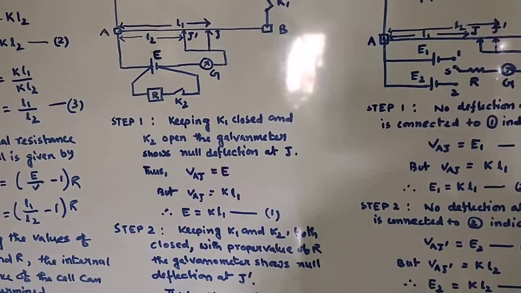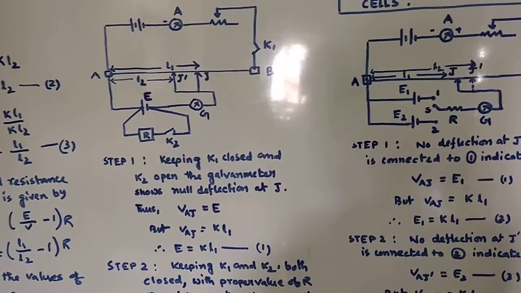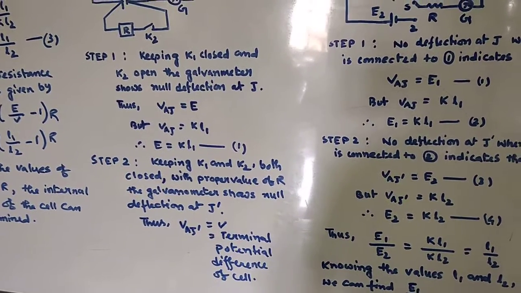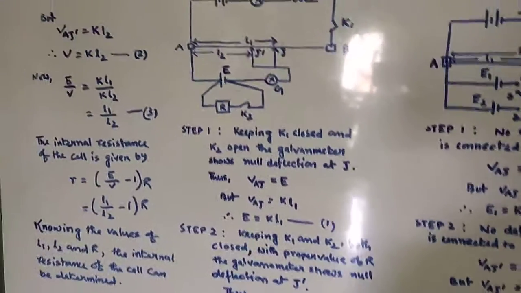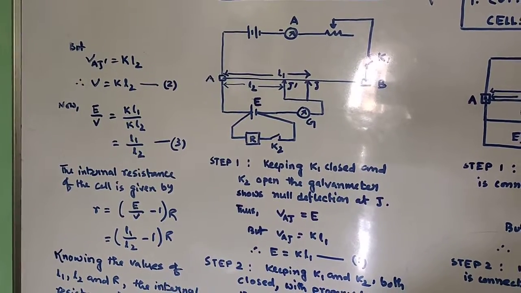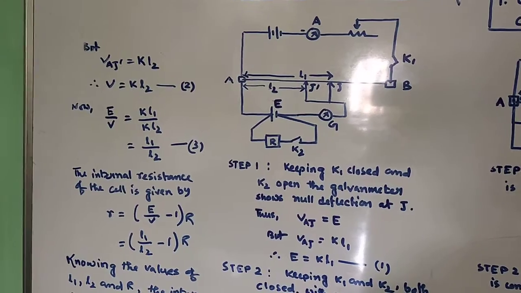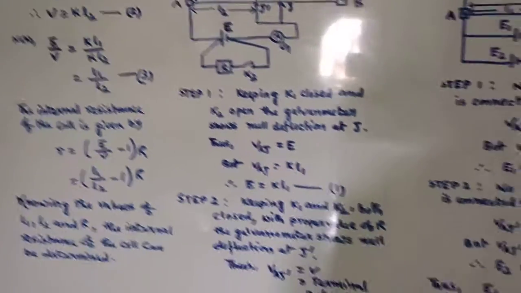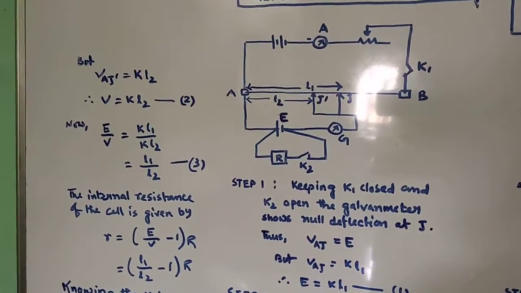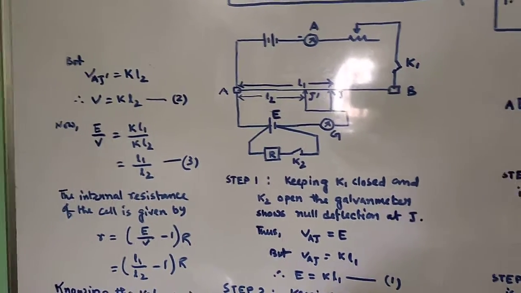So V_AJ' is the terminal potential difference V of the cell, and V_AJ' is KL2 from the principle of potentiometer. So V equal to KL2. So the terminal potential difference of the cell is KL2.